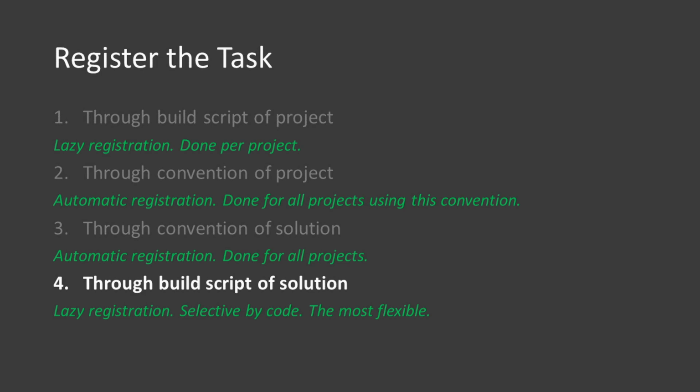In general, the rule is to separate the build functionality from the project build logic. And so, the second and third options are breaking this rule, because we are registering the task in the build toolbox, and by doing that, we are forcing the task on the project's build logic.